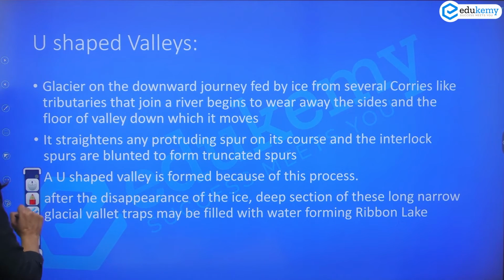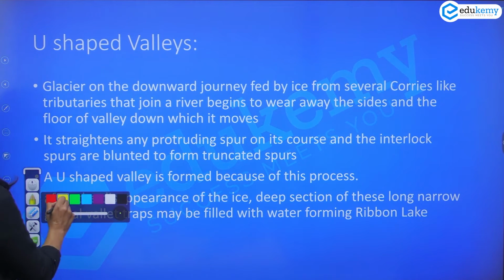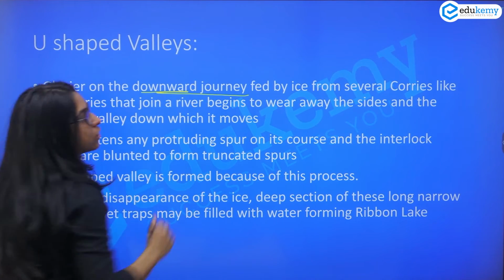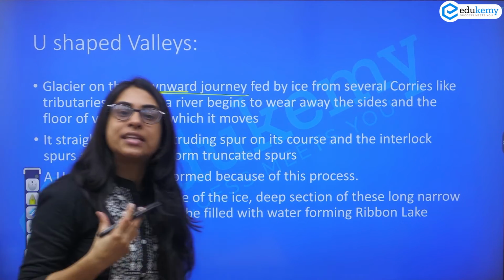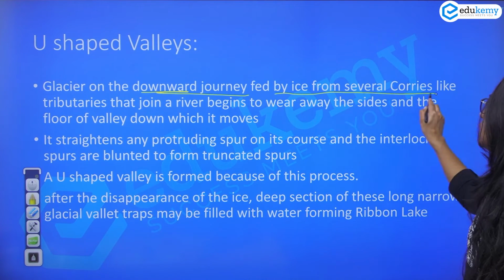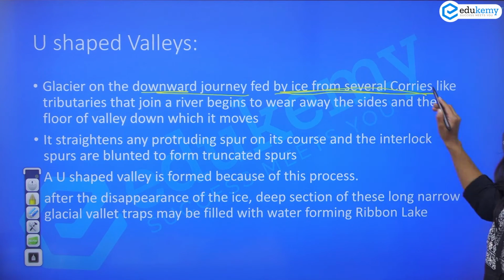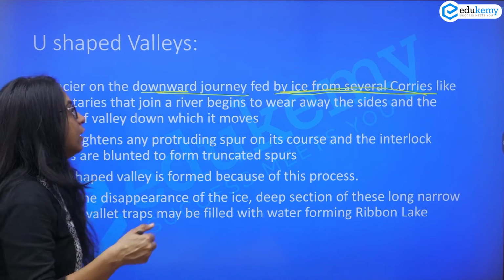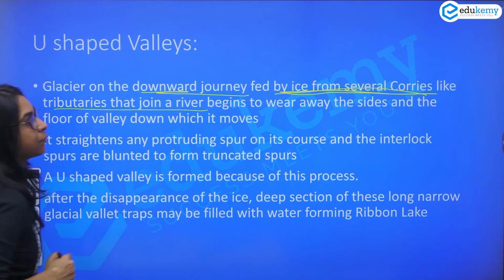What happens is, when a glacier is on its downward journey, it is fed by ice from several corries, like the tributaries that join a river.